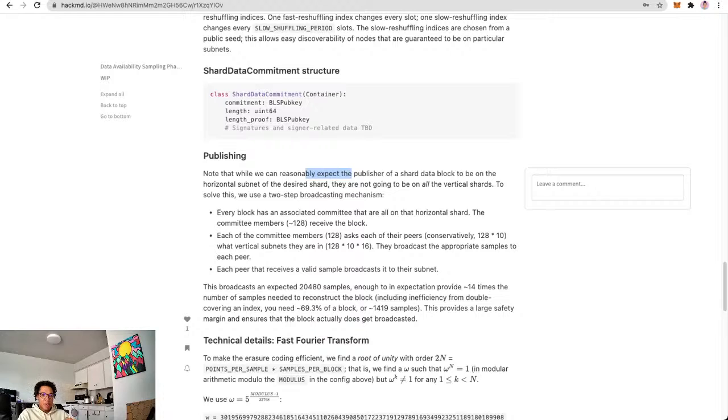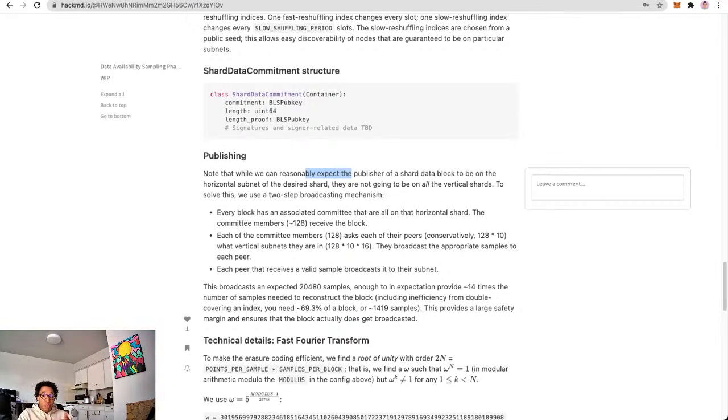Conservatively, it's going to be 128 times 10, okay, what vertical subnets they are in. So I'm assuming that you're going to get 16, the amount of questions you answer, you're going to get that amount of responses times 16.